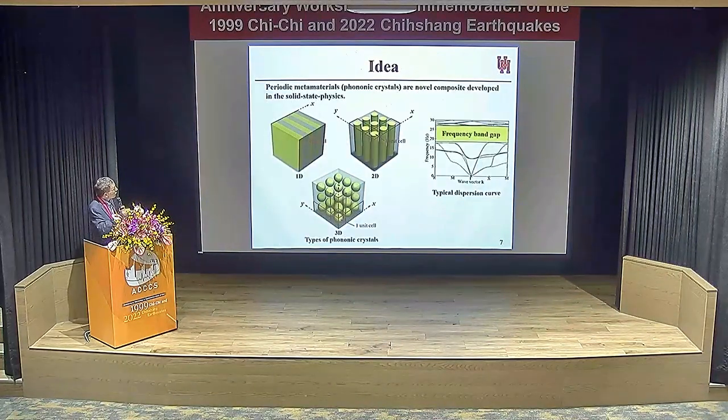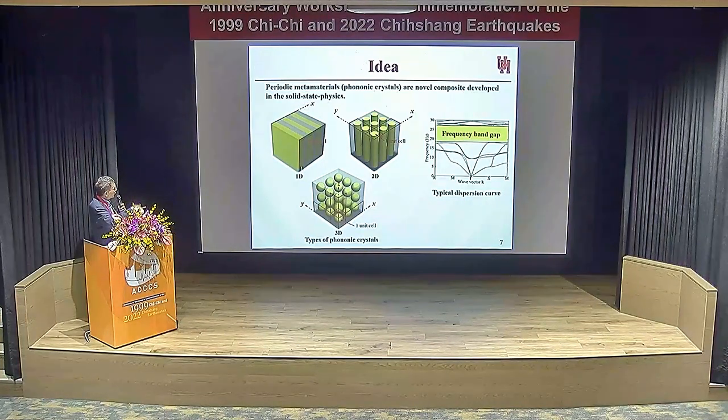When we talk about phononic crystals, we have 1D, 2D, and 3D. As you can see, for 1D metamaterials, this is one unit cell that is made of concrete and rubber. Then we repeat another unit cell, and another unit cell, in one direction.